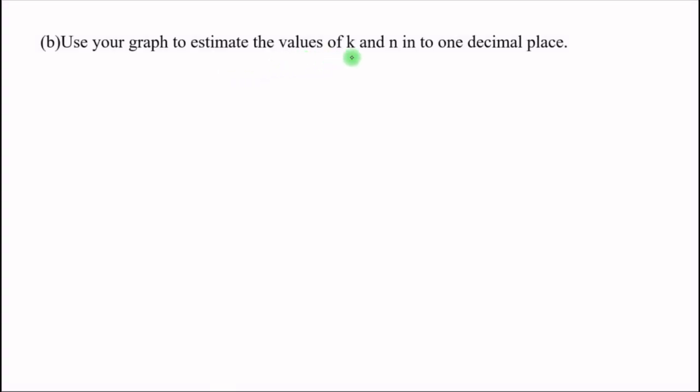So the next part is to use your graph to estimate the value of k. So we are going to use the graph to estimate the value of k and n. That is, from the relation log A is equal to n log b plus log k.